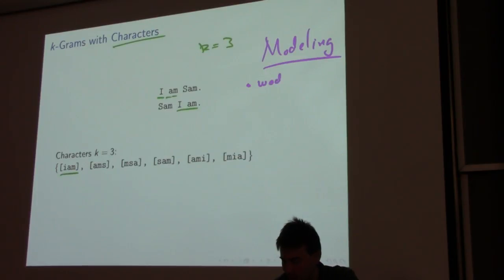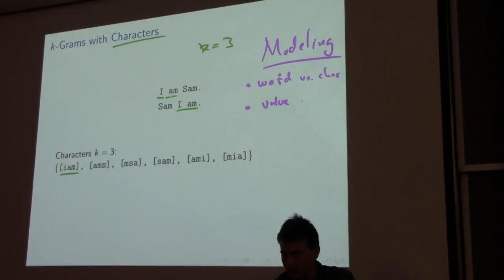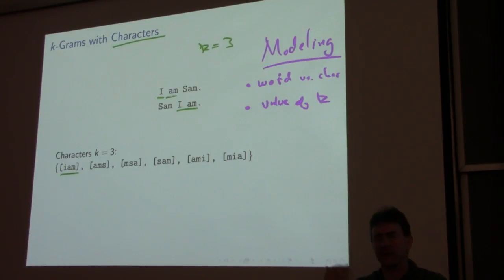I showed examples of the word versus the character. Did I do shingling on the words or the characters? And what is the value of k? So I made 2 choices already, and I showed a couple of examples. Those were choices I made, and I did not tell you what was the right one to do. Should I use words or characters?